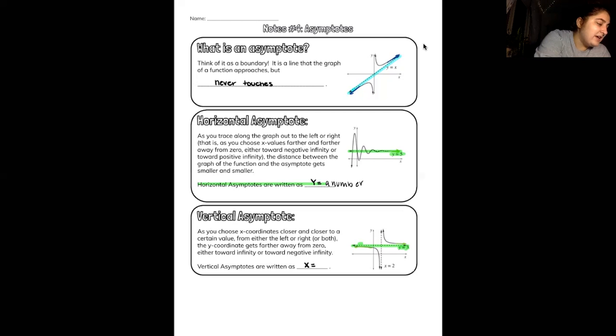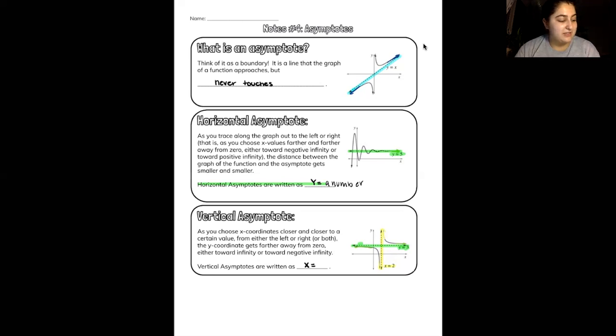So in addition to having a horizontal asymptote in this graph, we have a vertical asymptote. And so that's just this vertical line right here labeled x equals 2. And so when we talk about vertical asymptotes, we kind of have the same idea. So this arrow right here is getting really, really close to x equals 2, but never touching it. So I could plug in x equals 2.00001 and get an answer out.